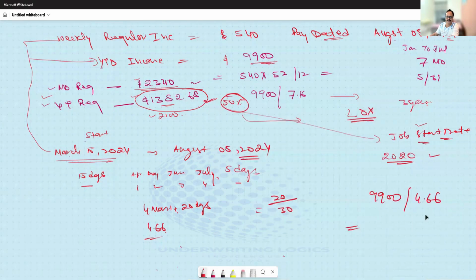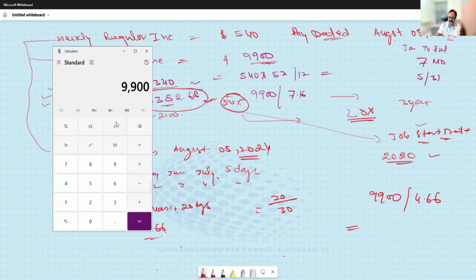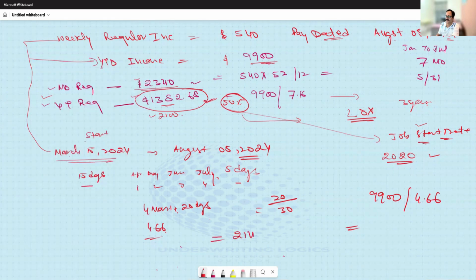What is your income now? 9900 divided by 4.66 is 2144, and your monthly income according to weekly is 2340, and your average is 2144. Do you see there is a relevance, right? This YTD income is supported by the weekly income, almost the same, just $100 or $200 up and down.